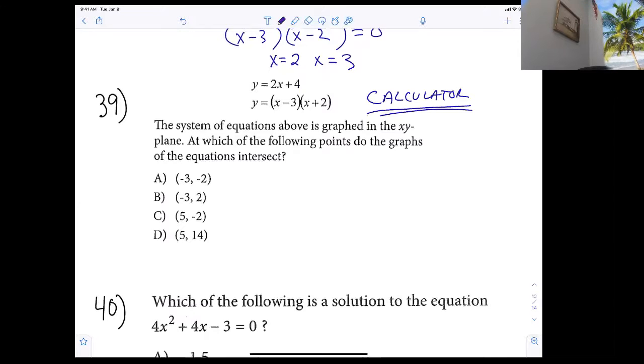All right, for those of you who have your calculator, here we go. Under y1, you're going to type in 2x plus 4. Everybody do that. And then under y2, you're going to type in x squared minus 3x plus 2. There's an x button, which is X, T, theta, n.